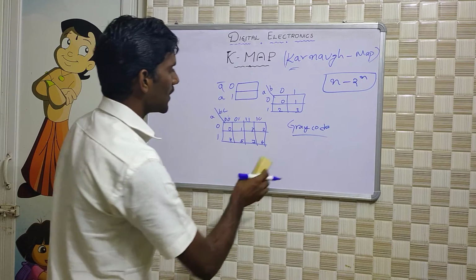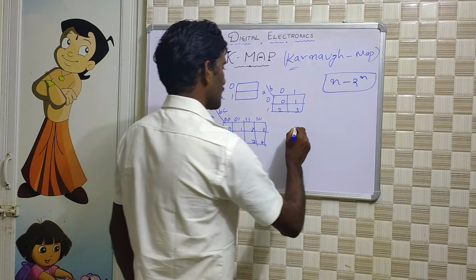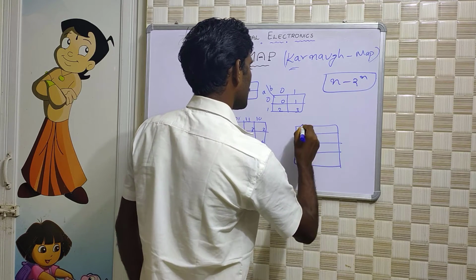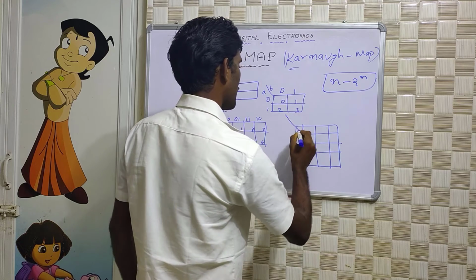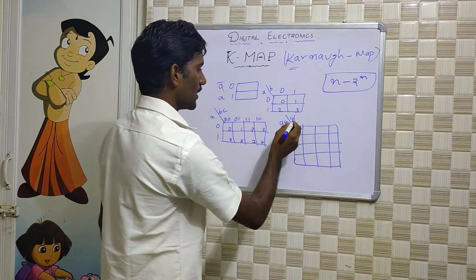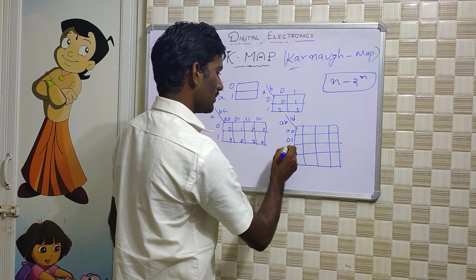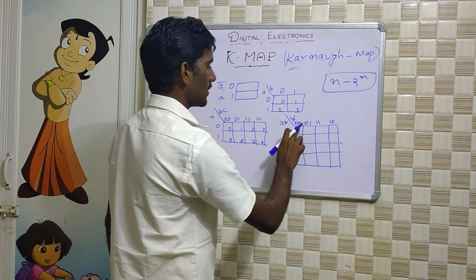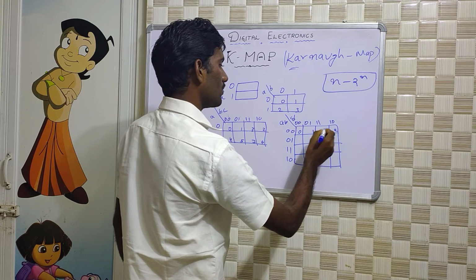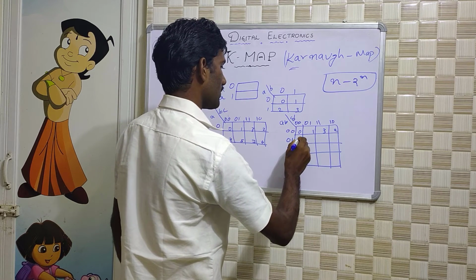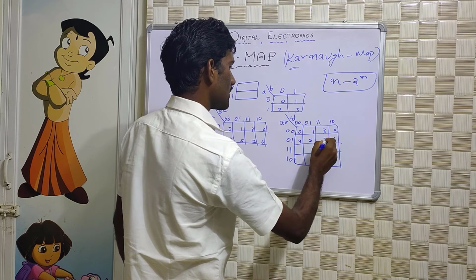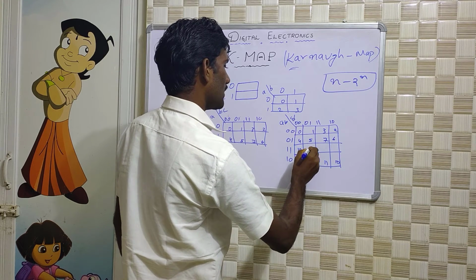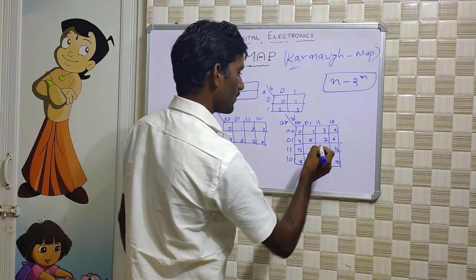Similarly for four variables, A, B, C, D. Here also the same 0 0, 0 1, 1 1, 1 0 arrangement is used. The locations will be 0 1 2 3, next 4 5 6 7, 8 9 10 11, and 12 13 14 15.